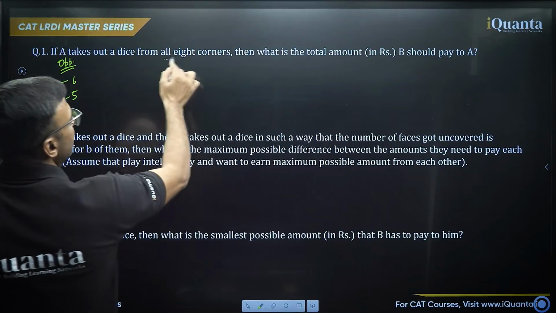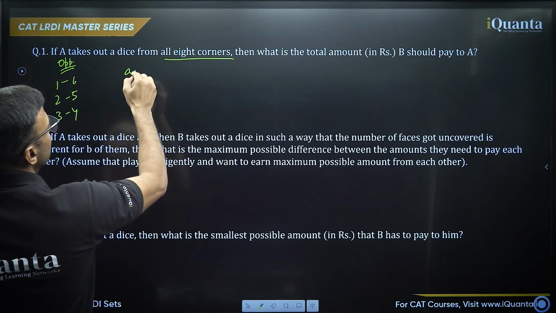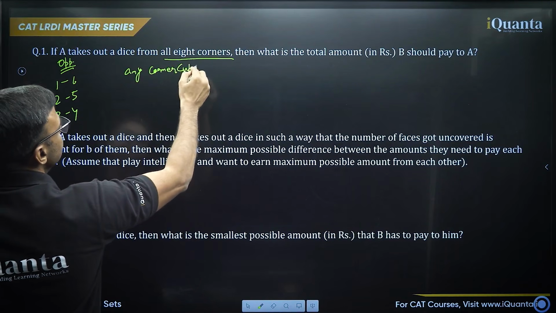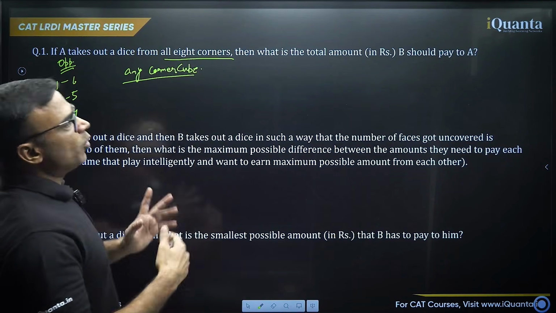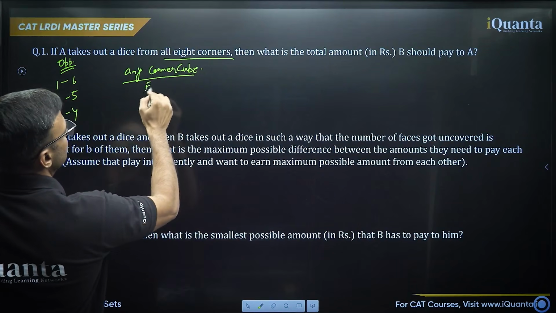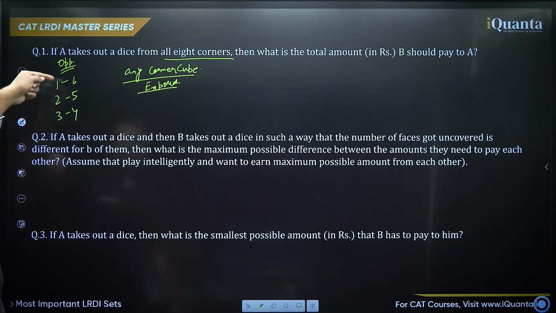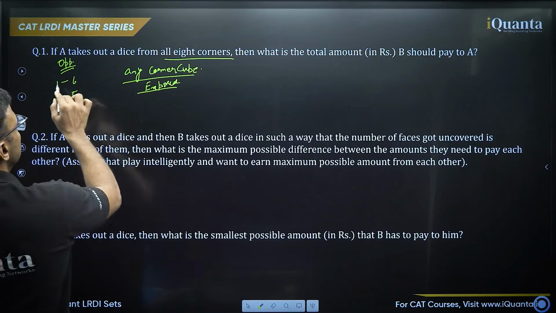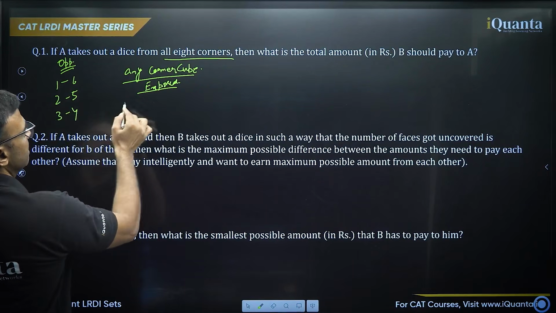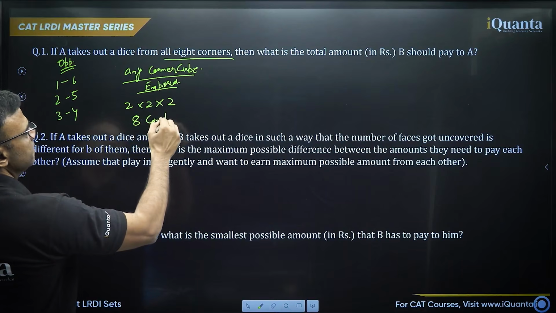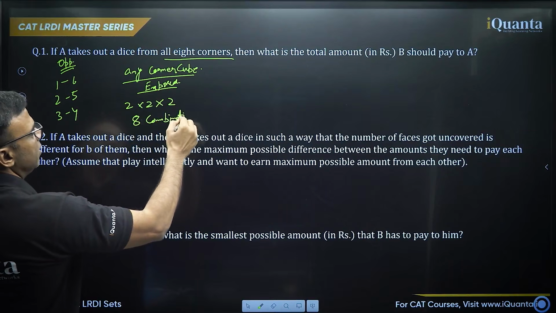So now for any corner cube, the exposed surfaces can be one number from here, one number from here, one number from here, right? So there are 8 possibilities. So 2 possibilities here, 2 possibilities here, 2 possibilities here. So 2 into 2 into 2, that is 8 combinations. And the combinations are symmetric.